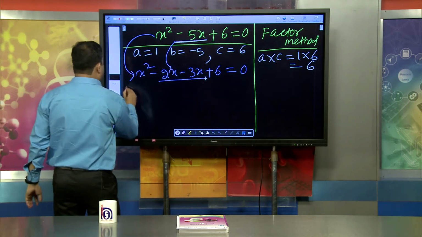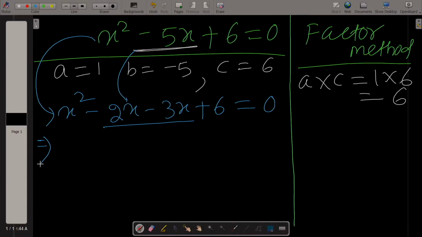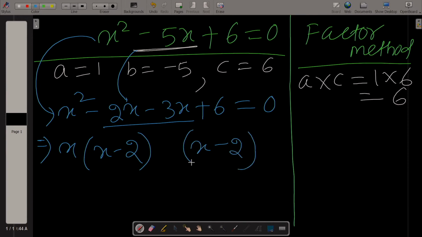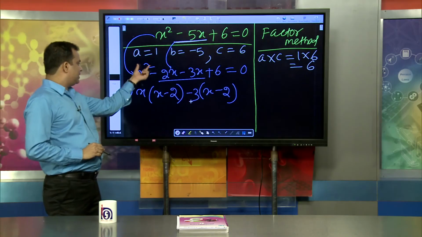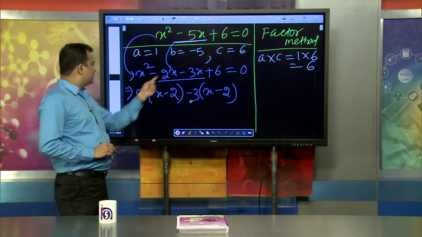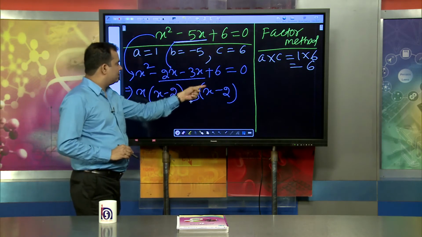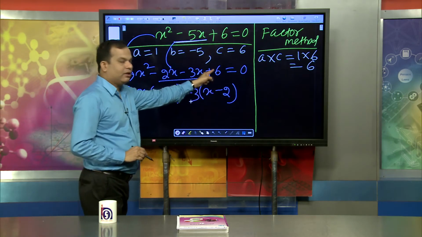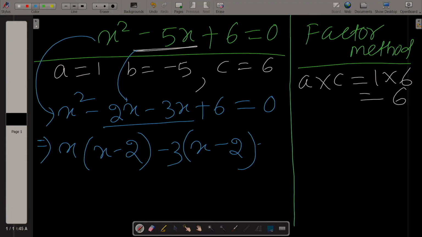Now if I take x as common, you will find x into x minus 2, and I can write minus 3 into x minus 2, because x into x is x square, minus 2x, and then minus 3x, and minus 3 into minus 2 becomes plus 6, which equals 0.